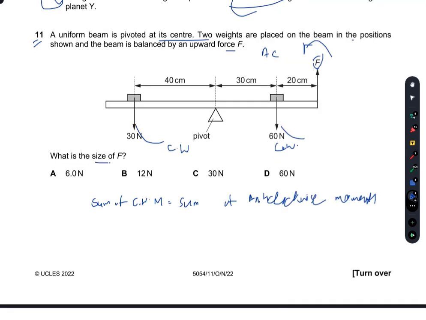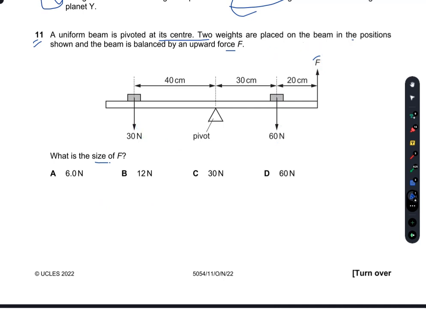So this 30 Newton force, now this F is acting in the anti-clockwise direction.